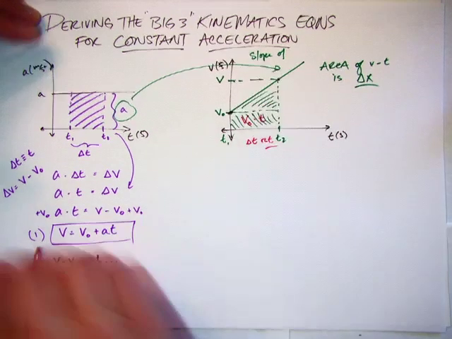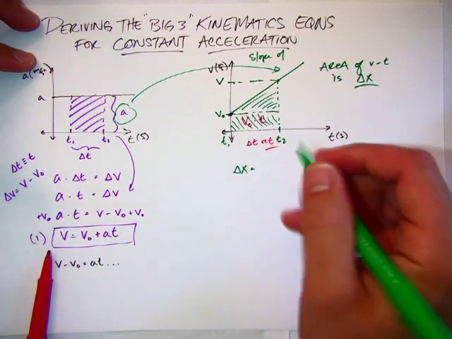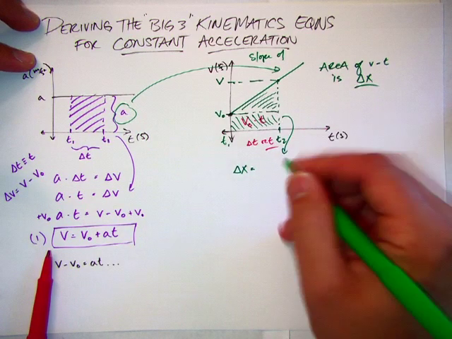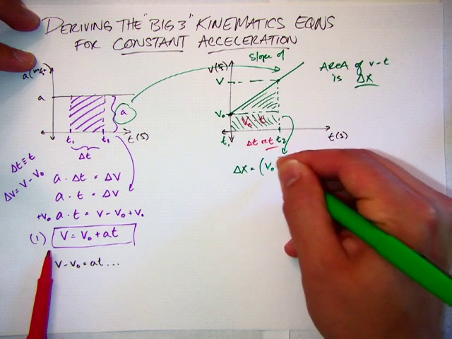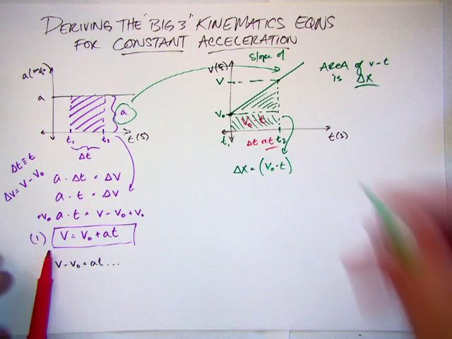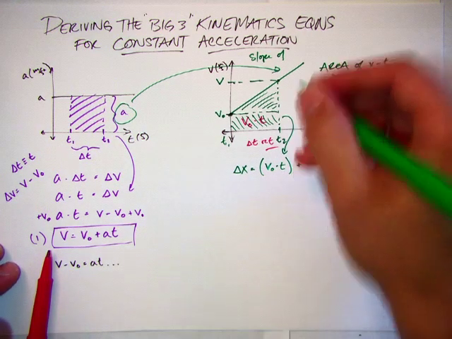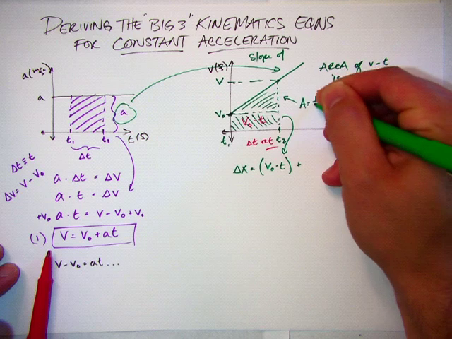So let's start with delta x. The first part, from triangle 1, is v naught times t. It's the easier one. And I'm going to add to that then the area of this triangle. Well, this area, since it's a triangle, it's 1/2 base times height.